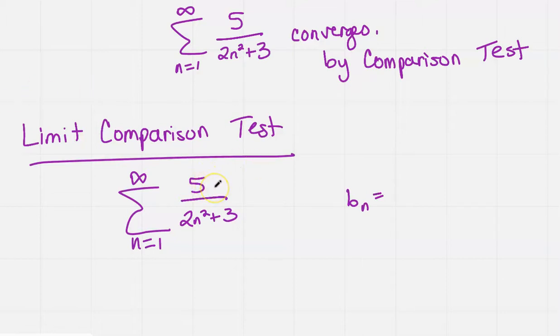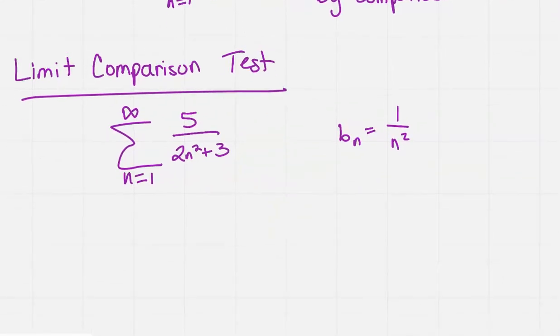So in the top we just have this 5, and I could choose the 5, but a multiple is not going to really change much, and so I'm going to actually just choose a 1 for my numerator. And then my denominator lead term is this 2n squared. I'm going to simplify that even further and just say n squared. Because what I'm going to do is take the ratio of my a sub n, b sub n.